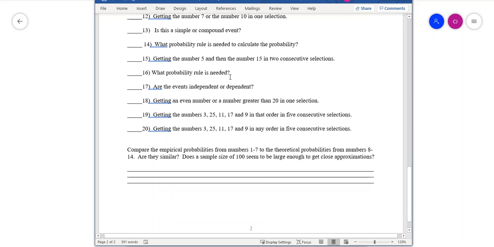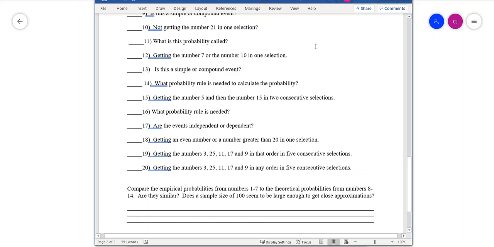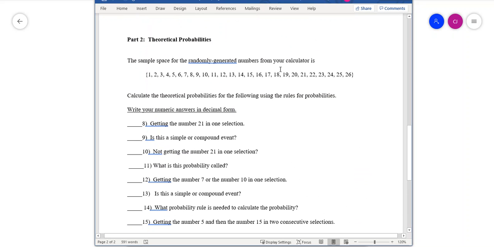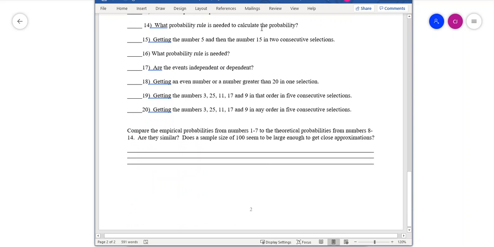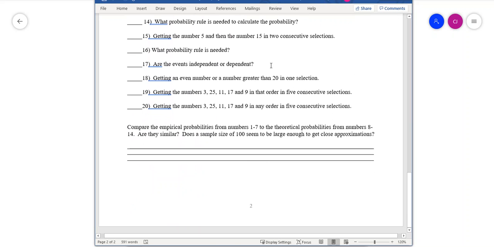So what probability rule is needed for this one? Are they independent or dependent? When we were generating these numbers here, were we generating them independently or dependently? We were using our calculator, so you have to remember that.